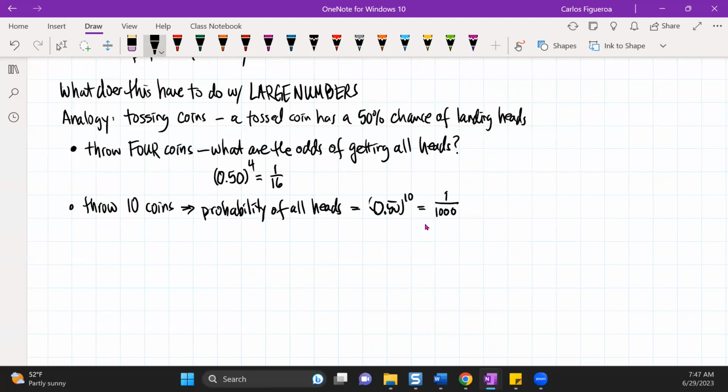So it's getting much harder to get all heads. And then we can continue: what happens if I throw 100 coins? Now it's 0.5 to the 100, and you've got a chance of 1 in 10 to the 30. In other words, you're going to have to do an awful lot of throws to get all heads with 100 coins.